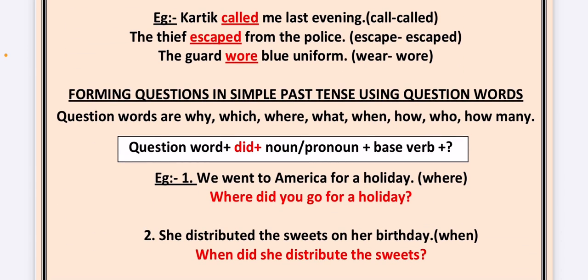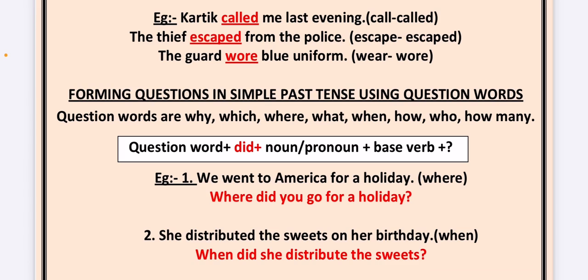Now, just as we formed questions in simple present and present continuous, we are going to frame questions in simple past tense also. So, there will be a question word given to you in the bracket. What are question words? Whose, whom, how many, who, what, where, which, the WH family. These are all question words.